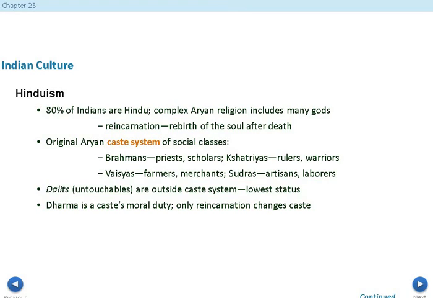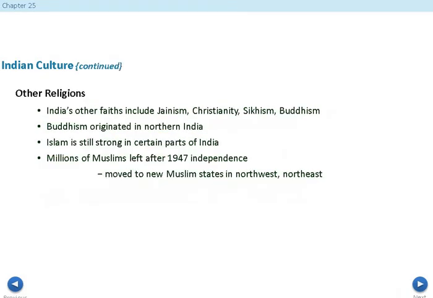So you have a moral duty, and only reincarnation can change the caste system. You can change it a little bit through marriage, but that's very difficult. Usually what you're born in is what you'll die in. And people in other religions and other countries really want India to get rid of the caste system because they don't think that it's fair at all.